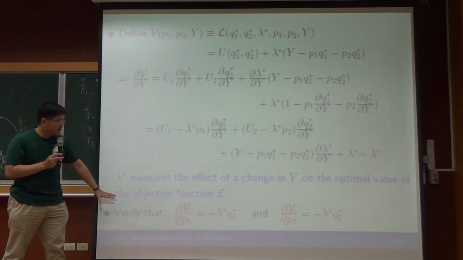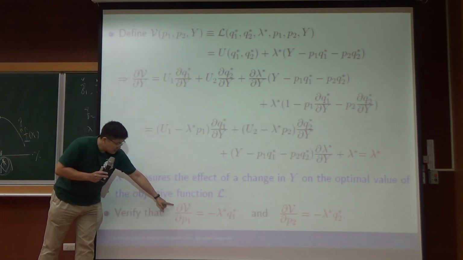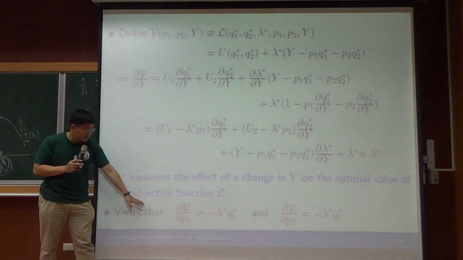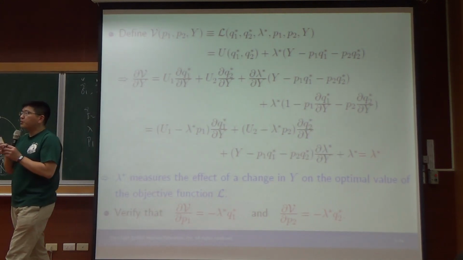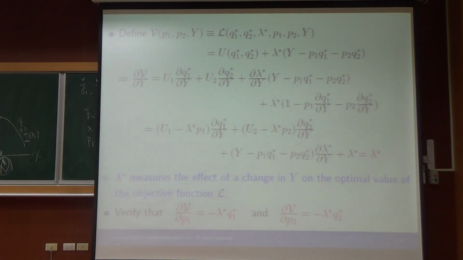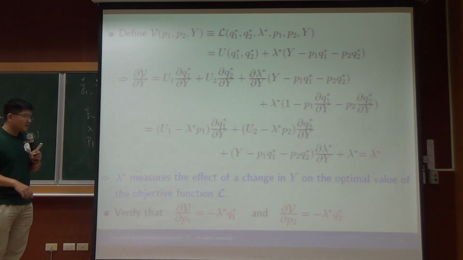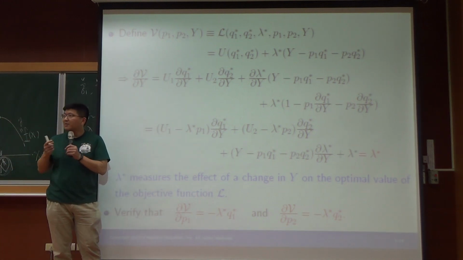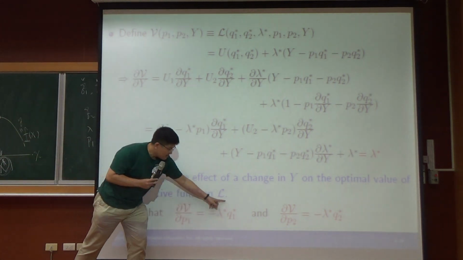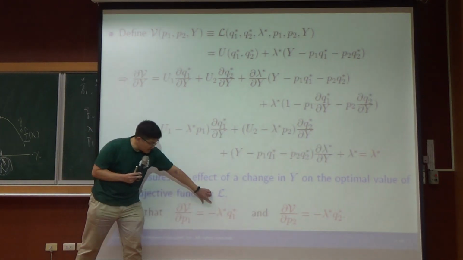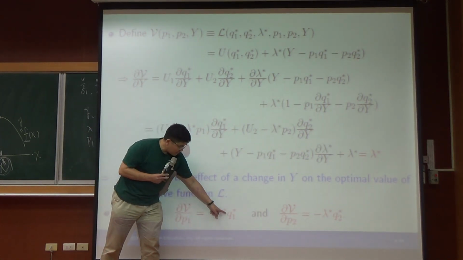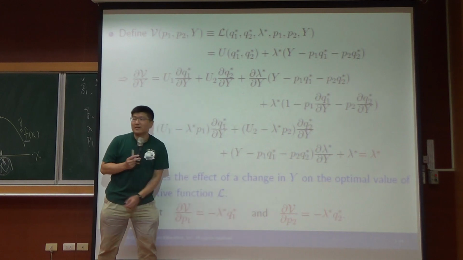And we may also verify this, partial nu, partial P1. What does it mean? If the price of good one increases by $1, then our utility, the marginal utility, would be this, a negative sign with lambda and Q1 star.